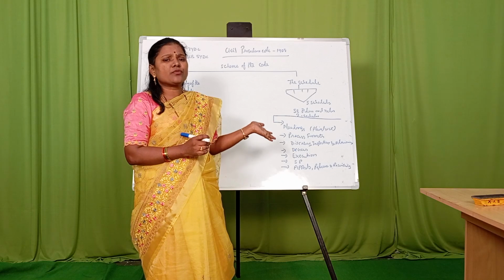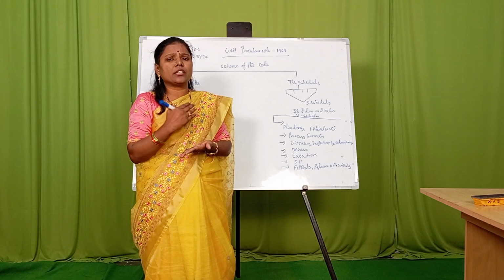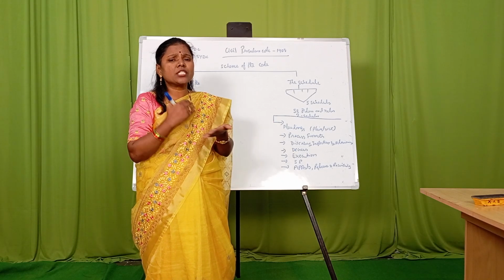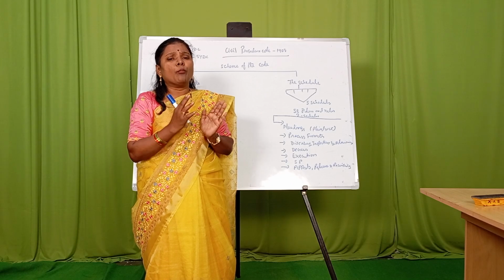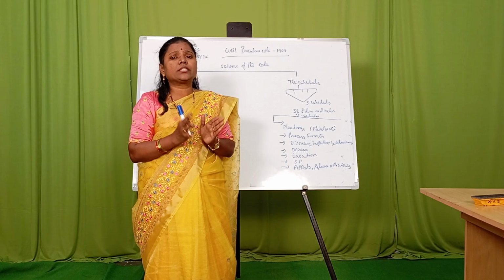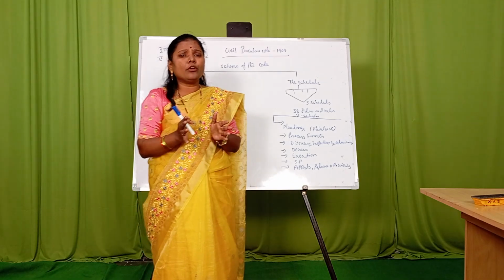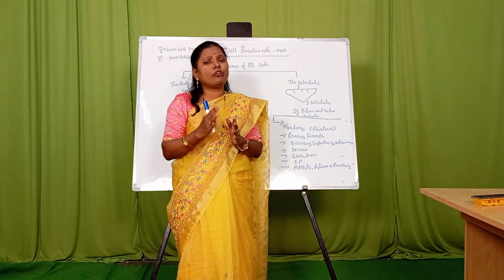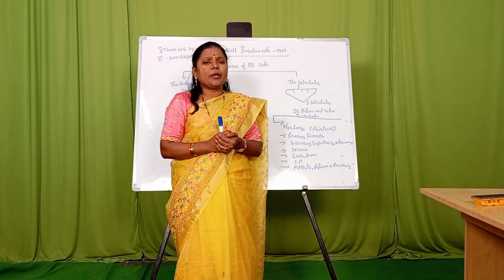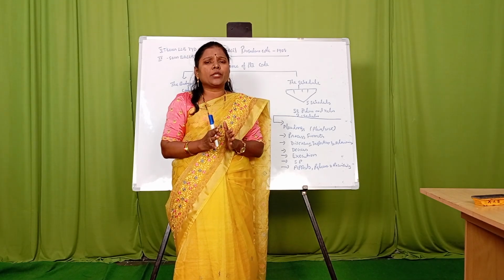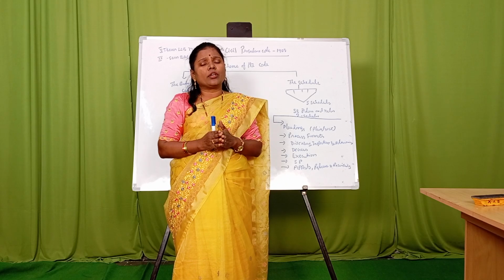So as per my discussion, I can conclude that the Civil Procedure Code is divided into two parts. One is the body of the act, the other is the schedules. There were 5 schedules, but 4 have been repealed during the amendments, and only one schedule is present. Under it there are 58 orders.